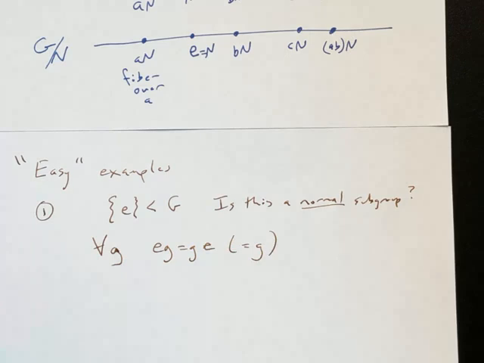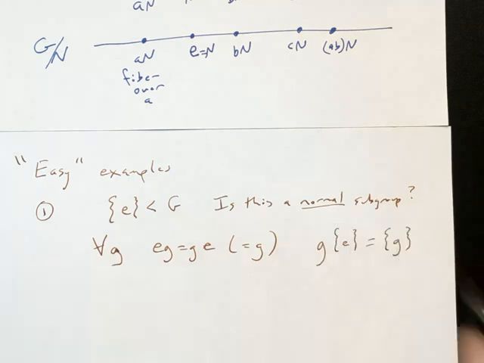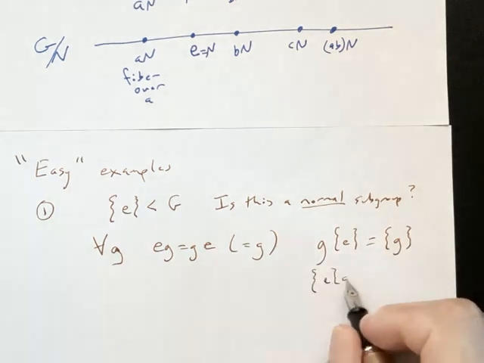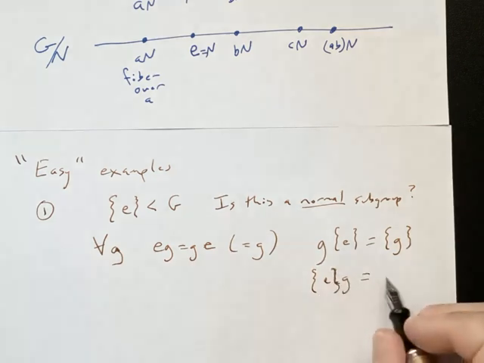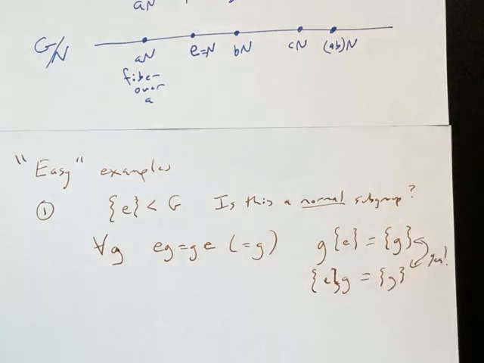And every coset must have the same size as the normal subgroup. So every coset contains one and only one thing. So it absolutely is a normal subgroup. But every coset contains one and only one thing.